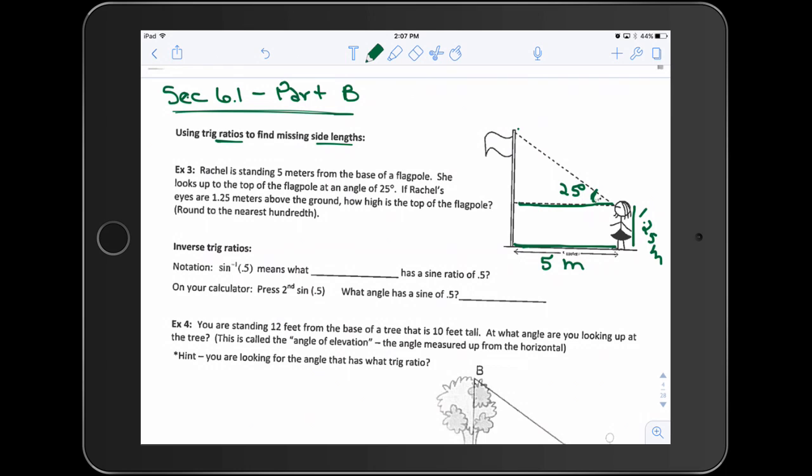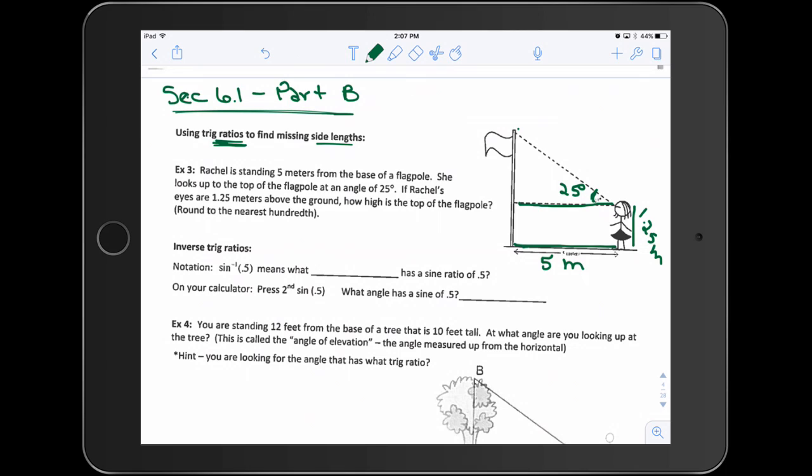Anyway, it says use trig ratios, so the ratio of side lengths, to find missing side lengths. That kind of sounded weird, but use trig ratios to find missing side lengths. So here we have Rachel, who is standing 5 meters from the base of the flagpole.